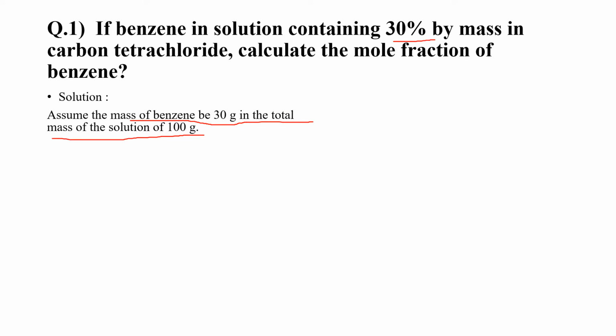Now the remaining will be the solvent, and what is solvent? Solvent is carbon tetrachloride. So the mass of carbon tetrachloride will be equal to total mass of the solution, that is 100, minus mass of solute, that is mass of benzene, 30. The mass of carbon tetrachloride will be equal to 70 gram.